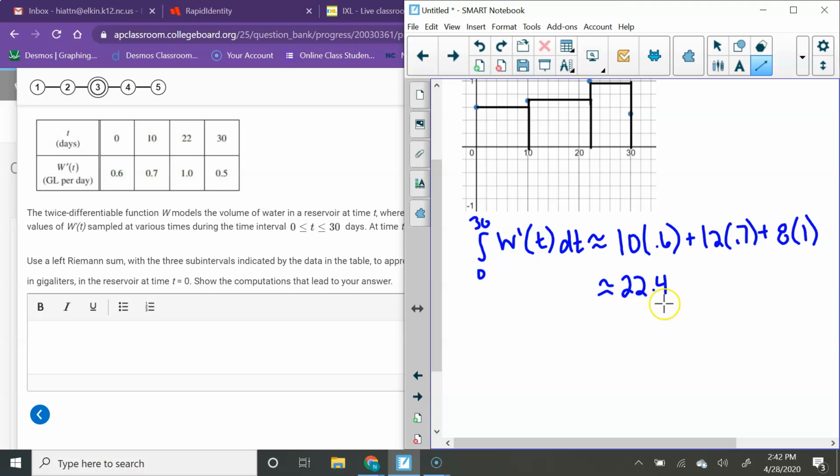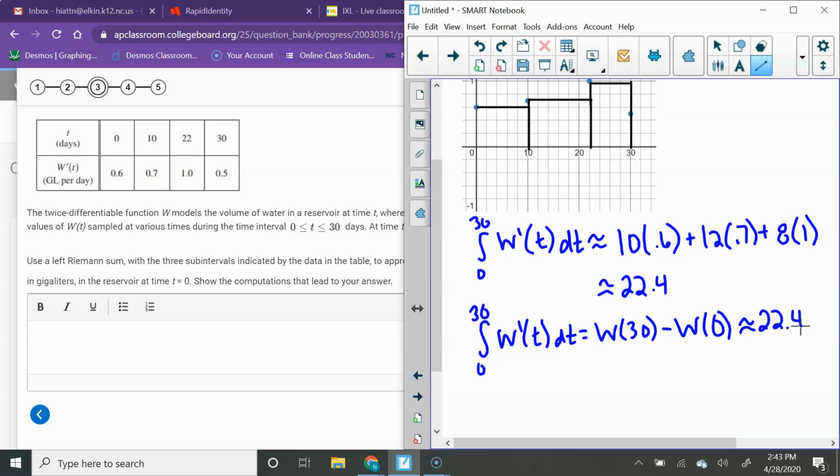However, this question also asks you not to give the change that we have there, but to tell how much water was in the reservoir at t equals 0. So we know that the integral from 0 to 30 of w prime of t dt equals w of 30 minus w of 0, and we know that's approximately 22.4.